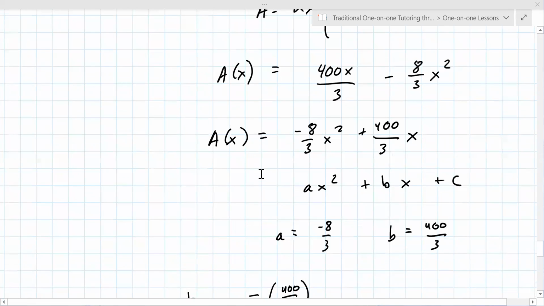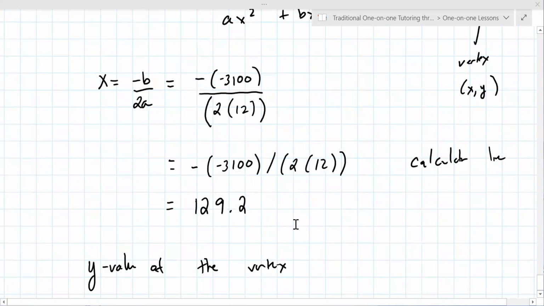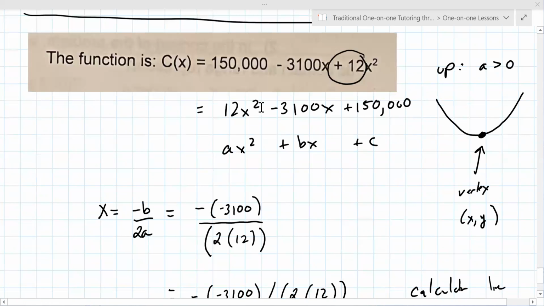So let's go plug back. Do you plug the 129.2 into the original equation for X? Yes. Okay. So can you do that for me?